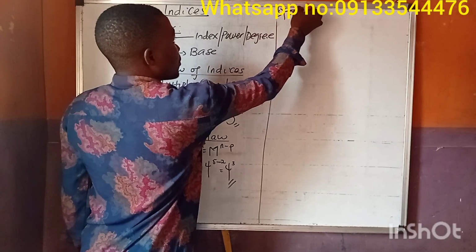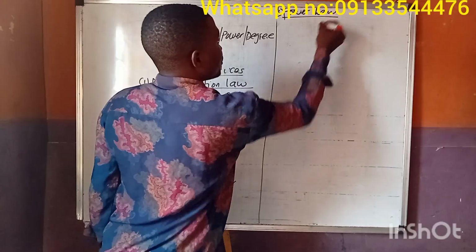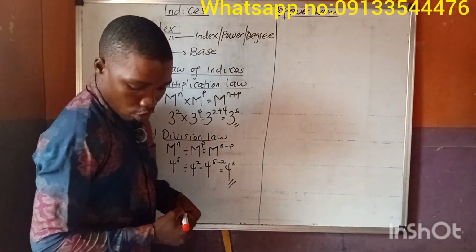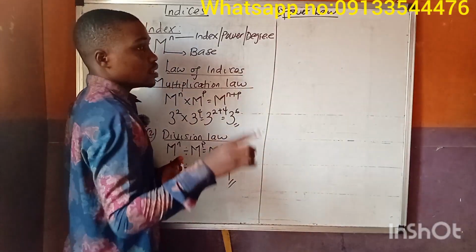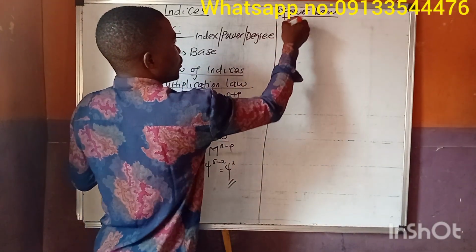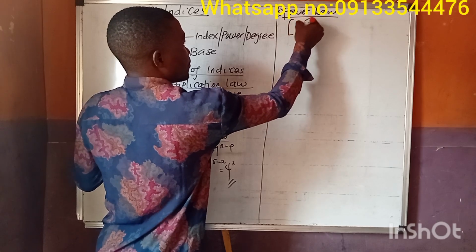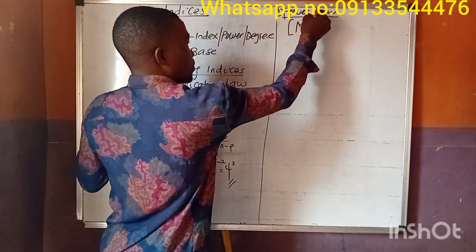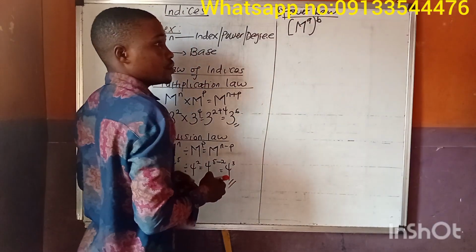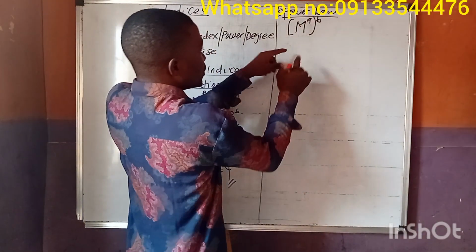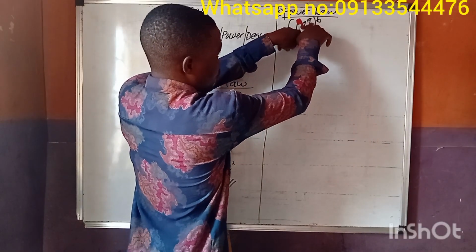The power law of indices is saying that if you have m raised to power a, bracket close, raised to power b, the law says that this term inside is raised to a particular number.